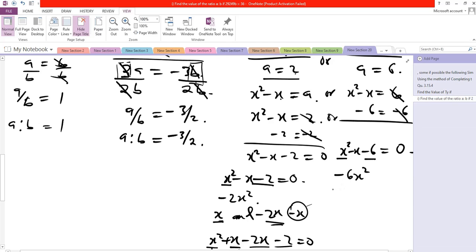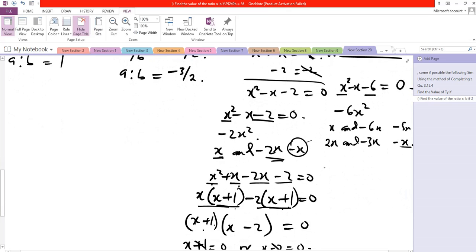Let's start with x and minus 6x. This one will give you minus 5x. Now let's use 2x and minus 3x. If you sum this up, you get minus x. So this solves the riddle.